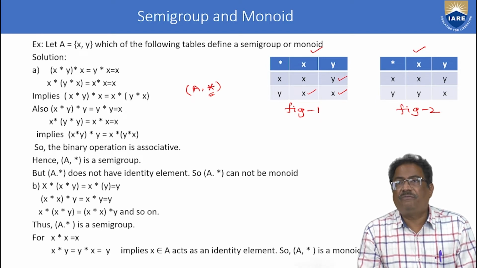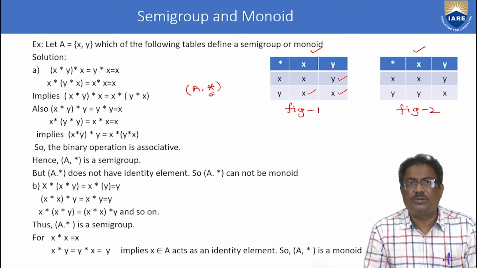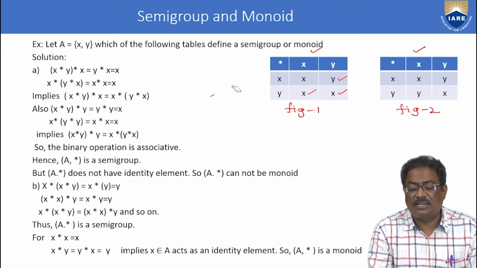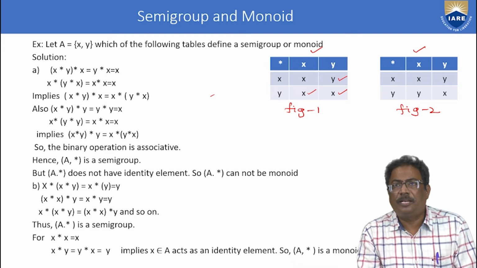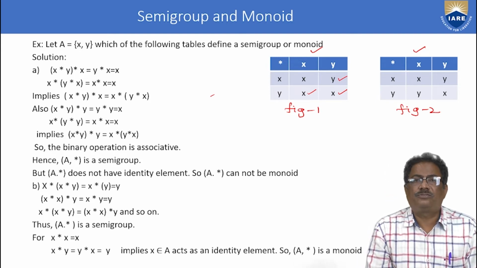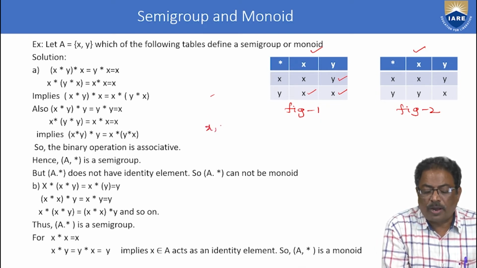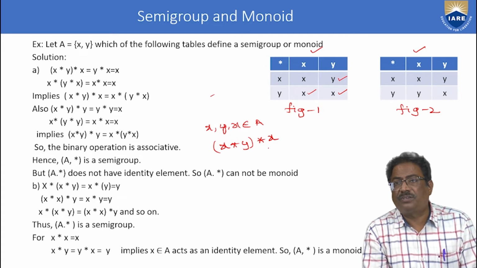We have to verify whether the binary operation * satisfies associativeness or not. For that, we have to consider three elements. Let me take X, Y and another element, say X, all belonging to A. Now we consider (X * Y) * X for associativeness.